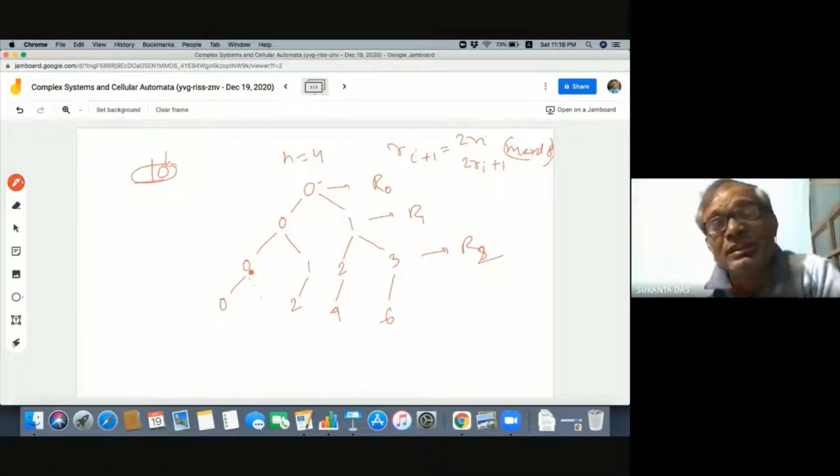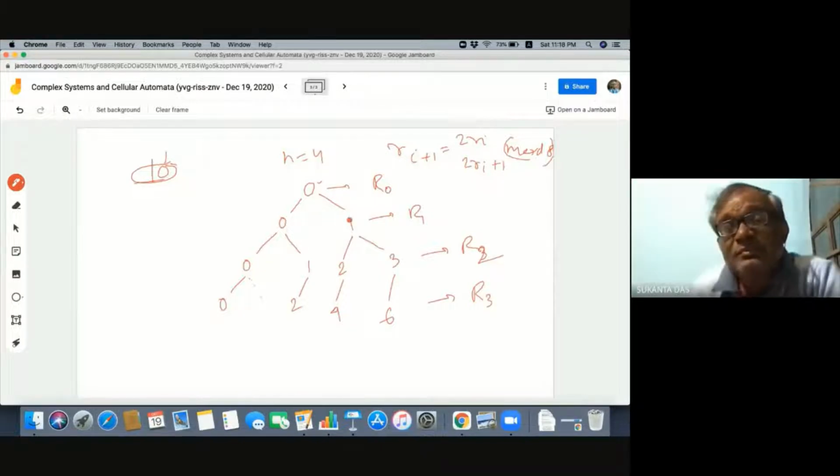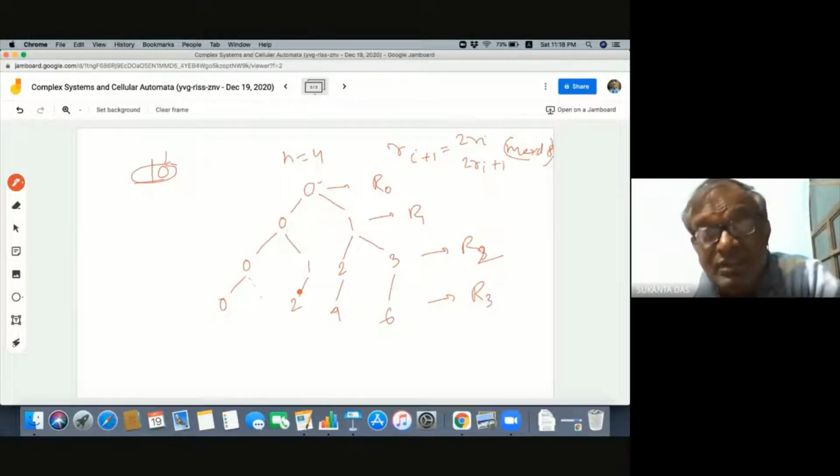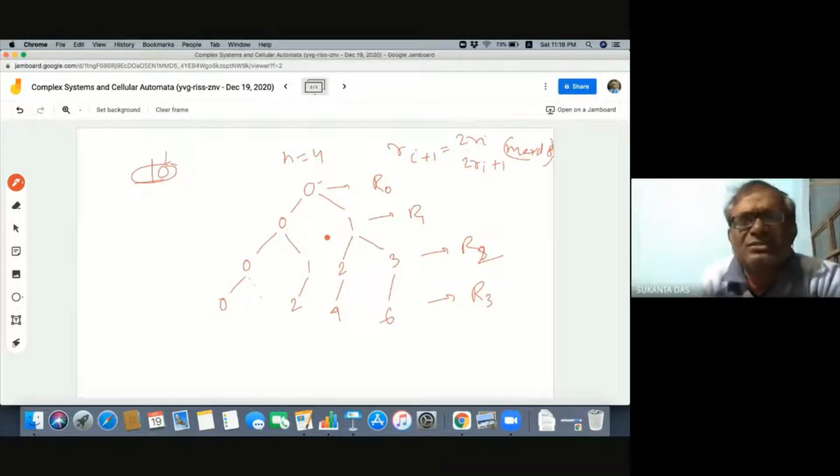So here I can get from 0 RMT, these RMTs are from R3. See, this way I can get the RMT sequences. We have not considered any particular configuration; I am telling you just as an example.